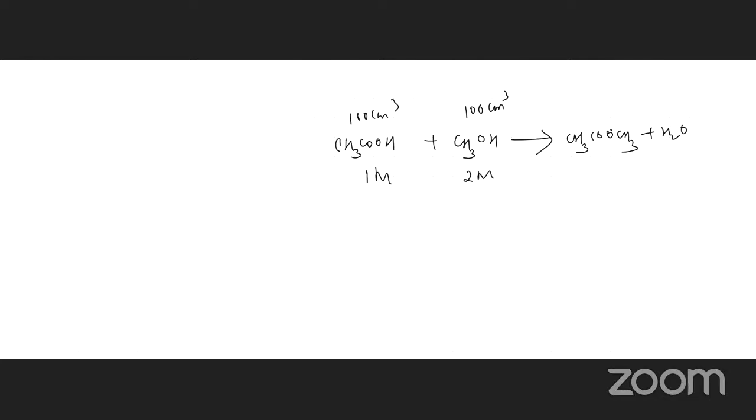Rate is equal to K into the concentration of acetic acid into the concentration of methanol. The concentration of acetic acid is 1 and that of methanol is 2. So it is equal to 2K.